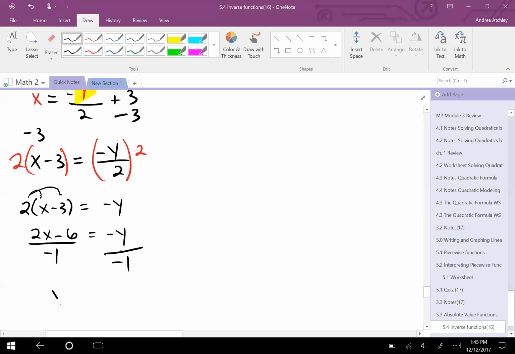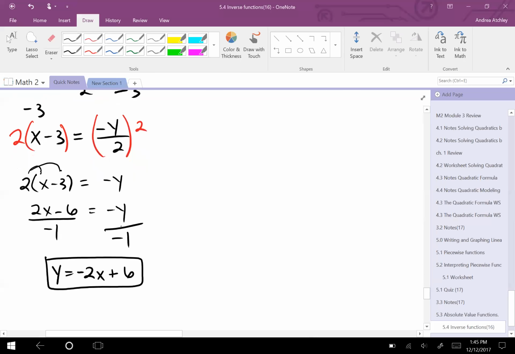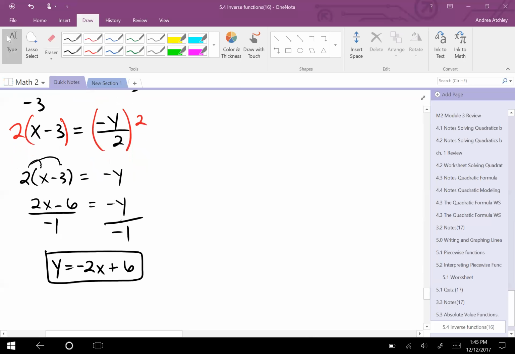So I'm going to get y equals 2 divided by negative 1 is negative 2x, negative 6 divided by negative 1 is a positive 6. So that is my inverse. Is that a function? Yes, it's linear. It's a line, so this is a function. Any questions over that?